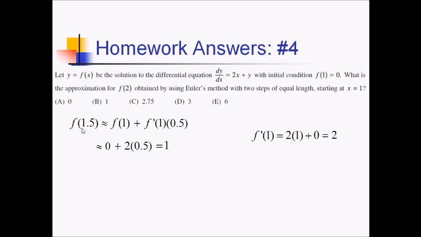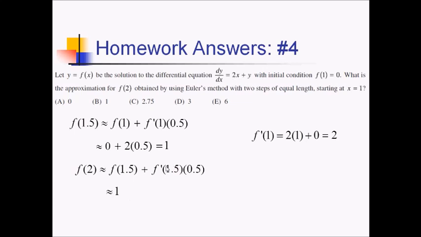And now we move on to figure out f of 2 based off of that. So that's going to be f of 1.5, or approximately f of 1.5, plus f prime of 1.5 times our step size of 0.5. f of 1.5 we just found was approximately 1. And then f prime of 1.5, well, I'm using my differential equation.